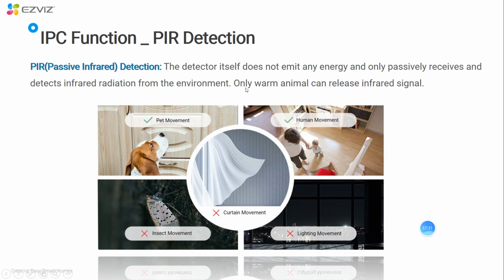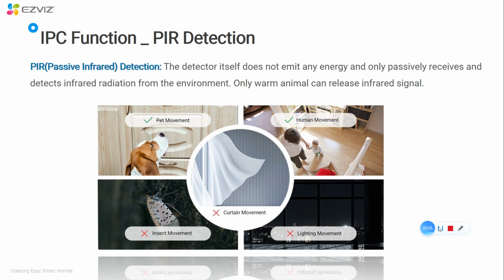For the PIR detection, the detector itself does not emit any energy and instead passively receives and detects infrared radiation from the environment. Only warm animals can release the infrared signal. So this function can prevent false triggers from curtain movement, insect movement, and lighting changes.